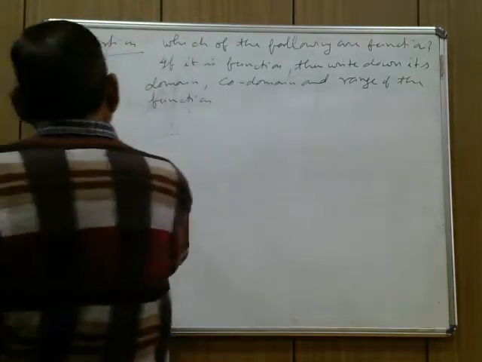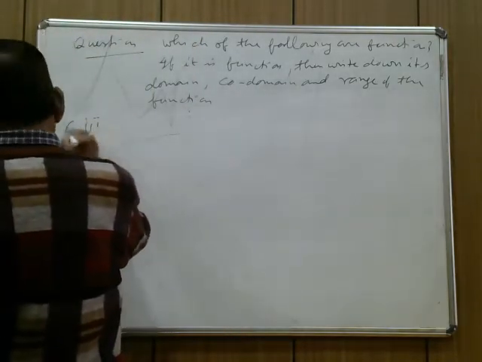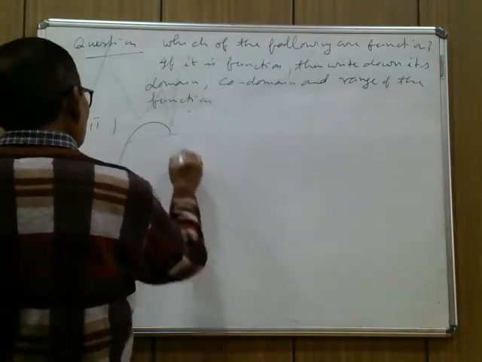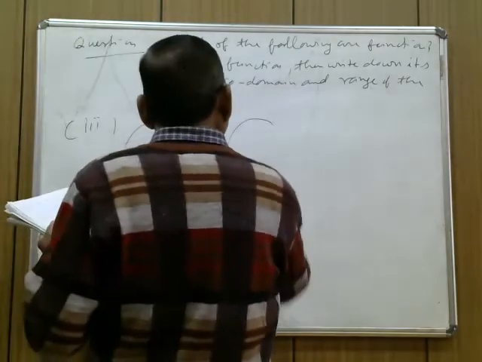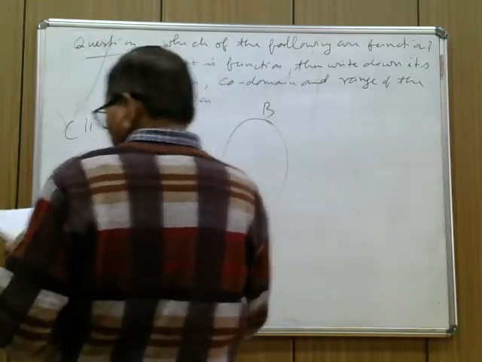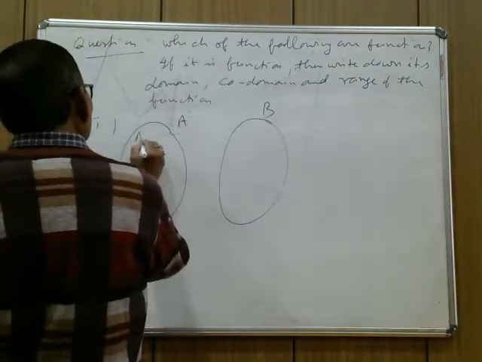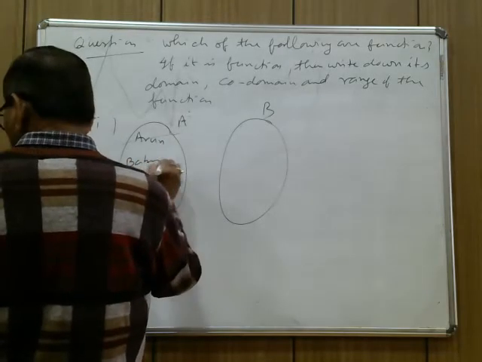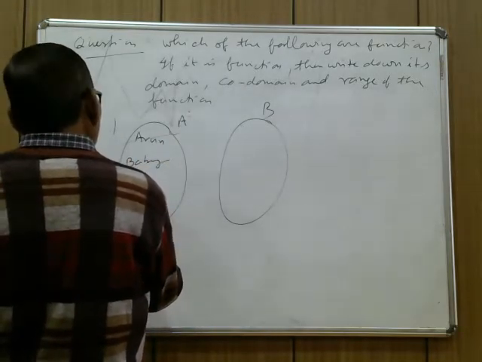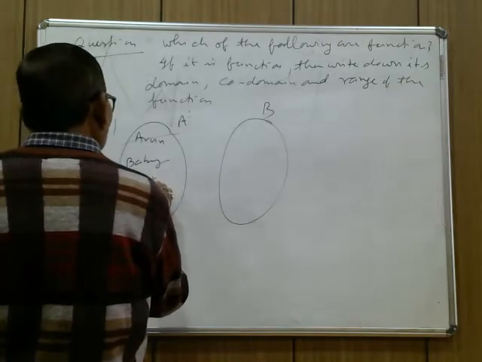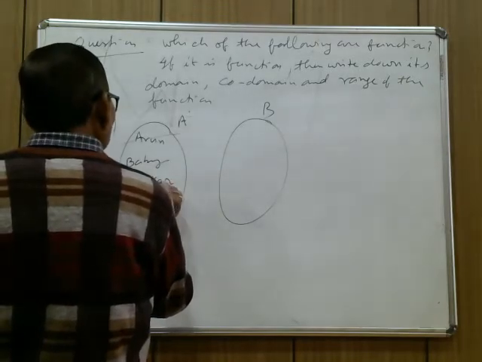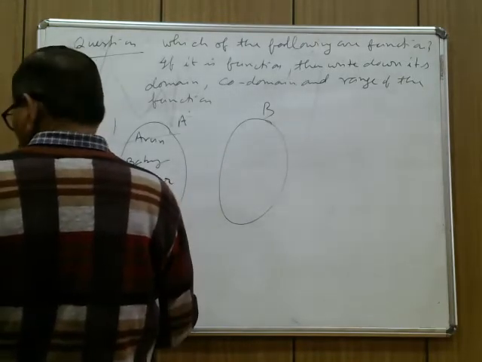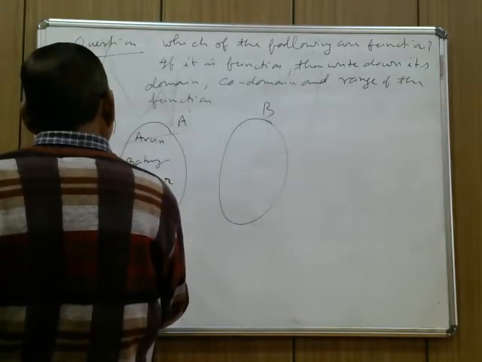Your third part. A, B. A is Arun, baby, Shankar, and Fatima.